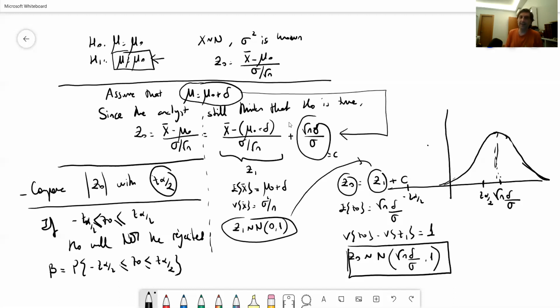All right, now let's again come to this point. Since the actual distribution of Z0 is this one, right? So this is going to be the distribution of Z0. So we are interested, actually, let me show it with another color, in this area here. This is the area that we are interested in.